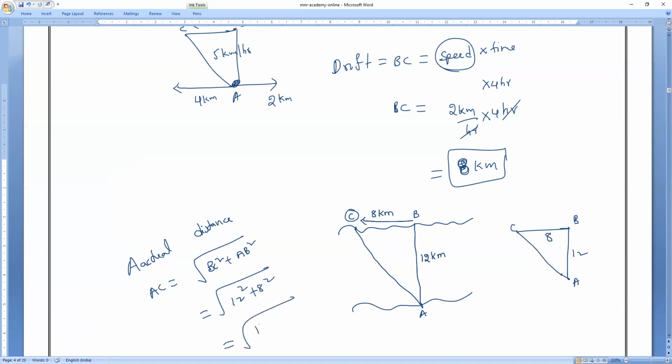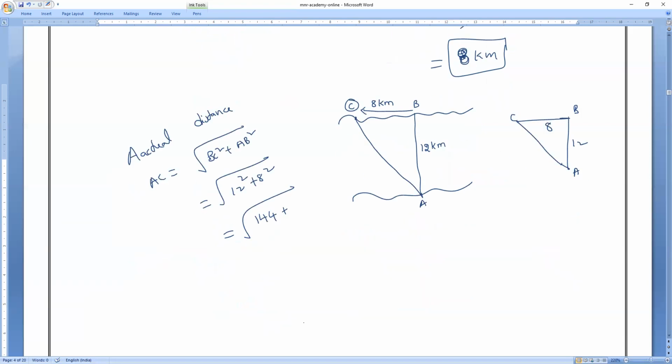So 12 square means 144. 8 square is how much? 64. Sorry, sir. So which is equal to 144 plus 64, which is equal to root 208. So find the root 208 value, everybody.